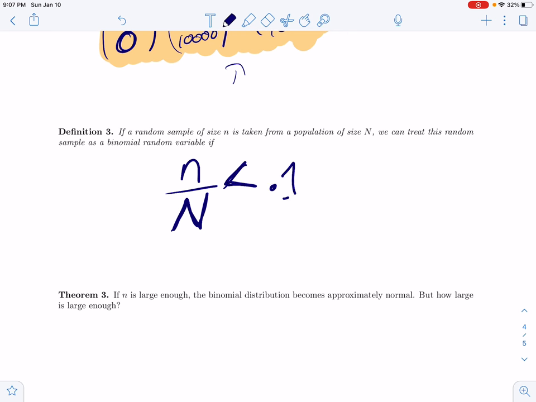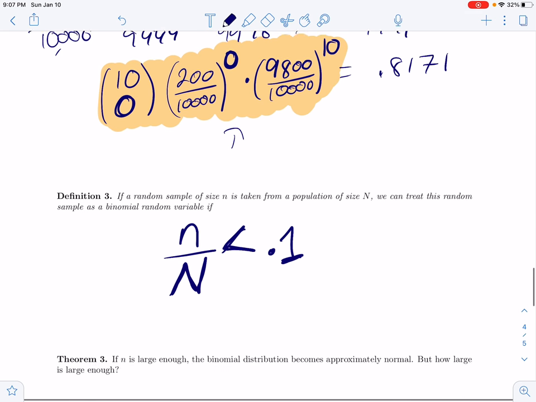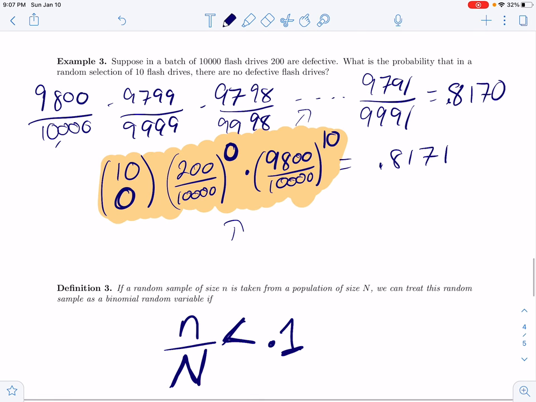And that says essentially that they're the same. One is a fair approximation of the other.